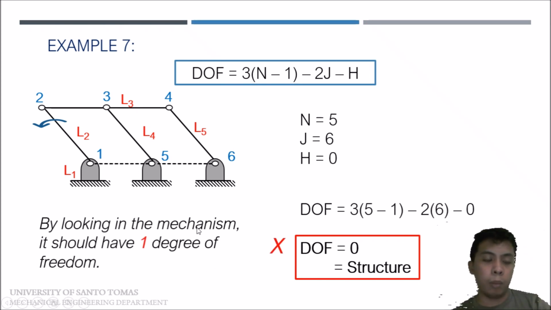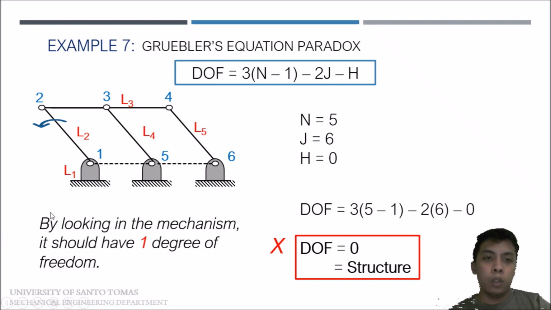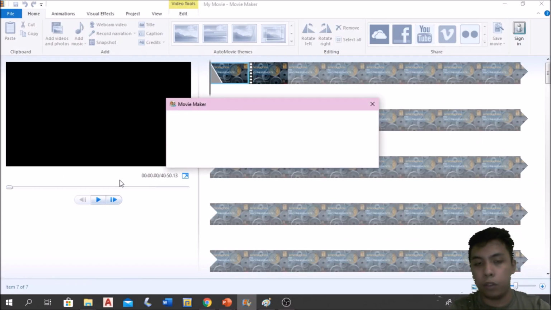By looking at the mechanism, it should have 1 degree of freedom, because when this rotates, or when we have one input motion, there should also be one output motion. But by this, 0 came out. Something is wrong. Our Grubler's equation did not work. We call this kind of mechanism a Grubler's equation paradox.